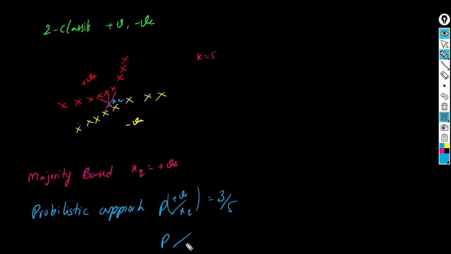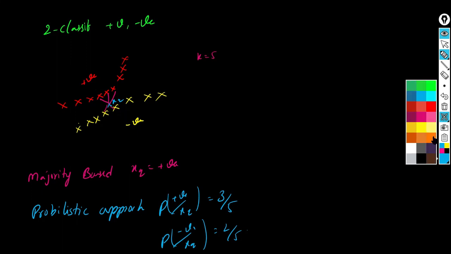Similarly, the probability of belonging to the negative class is 2 by 5. In this way, we also get some reason why we classify this point as the positive class: the probability is 3 by 5. That's why we classified this query point as the positive class.